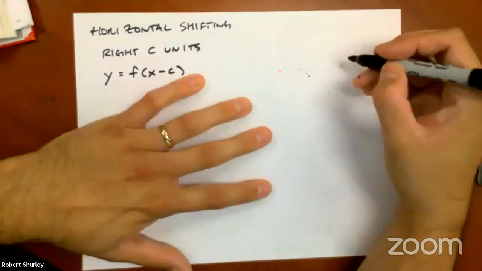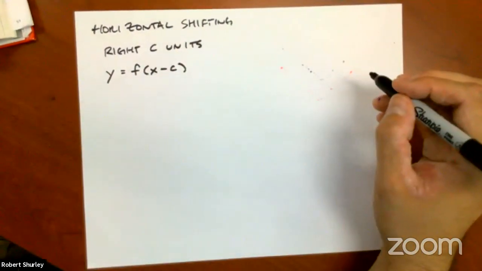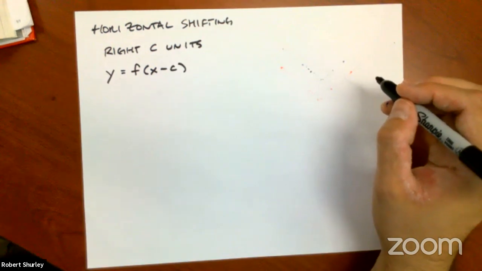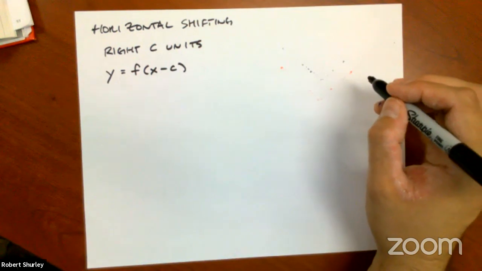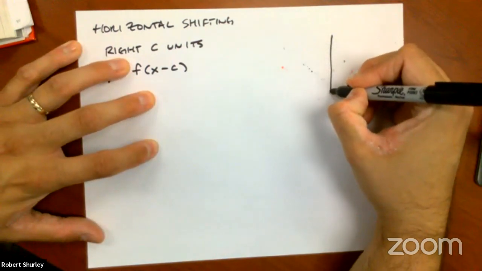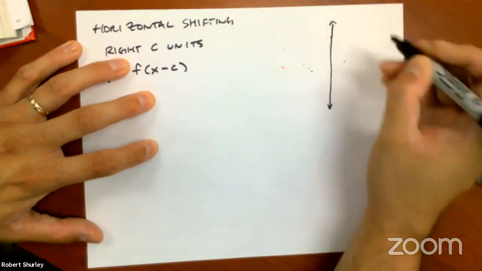So let's draw a little line again. Actually, I might do one that looks like your homework. They've got kind of an easy one. Let's do the same kind of thing from before.